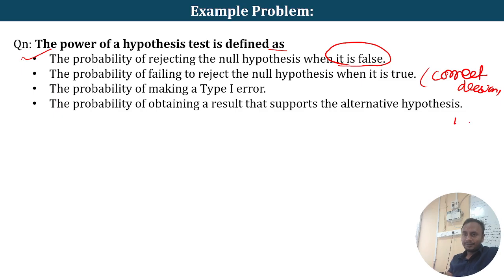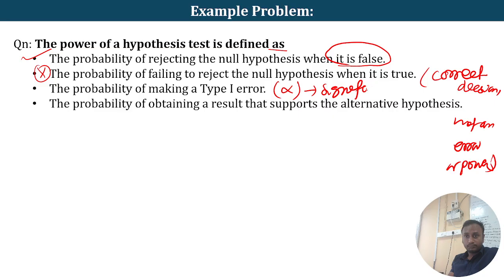Not an error or power. Okay. So that can't be the option. The probability of making a type 1 error? No, it can't be. That's the alpha, the significance level, not the power.